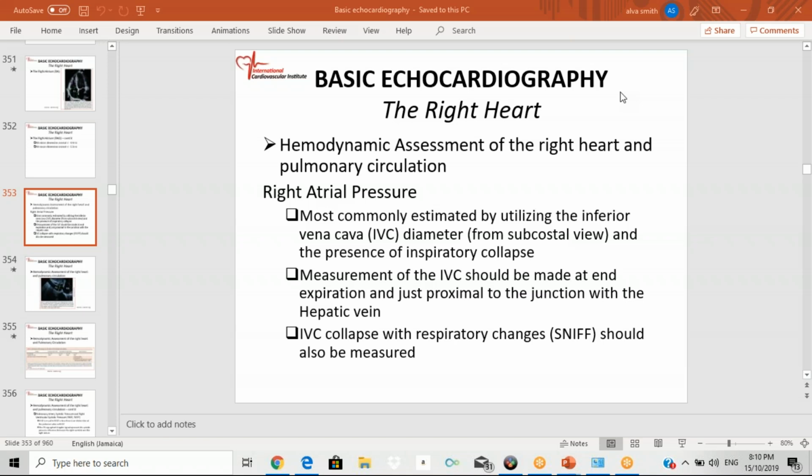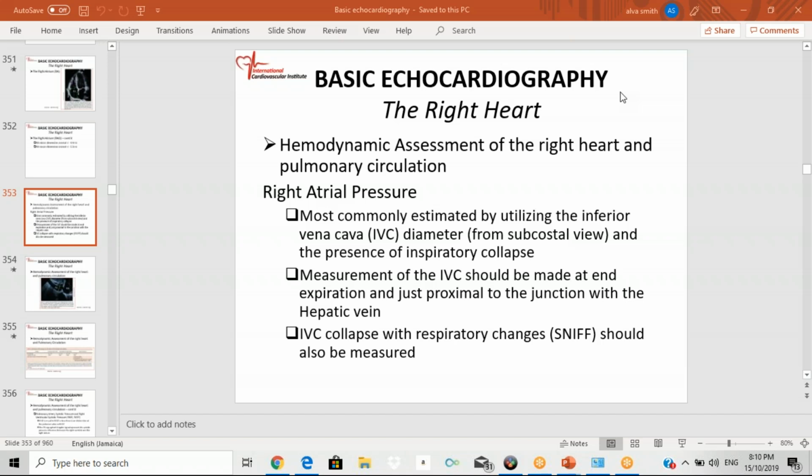We showed you how to measure the RV systolic pressure. You have to have tricuspid regurgitation, and you measure the peak velocity of the TR envelope, and you use your modified Bernoulli equation to get the gradient.